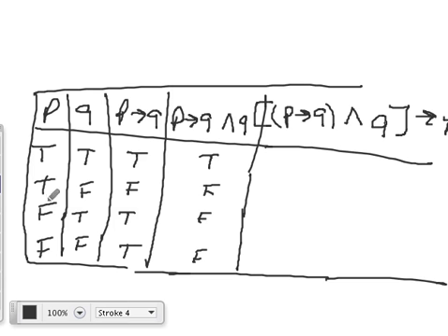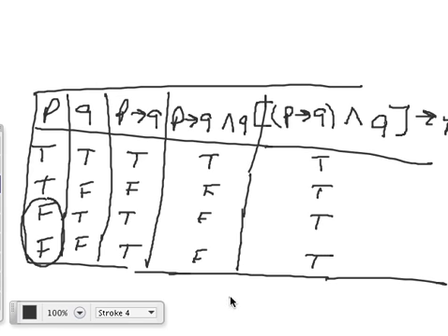Well, P is false here and here. And the first part is only true here. So this would be true, true, which is true. This is going to be false, true, which is true. This is going to be false, false, which is true. And that's false, false, which is true.